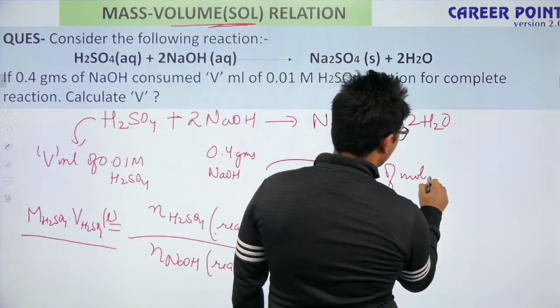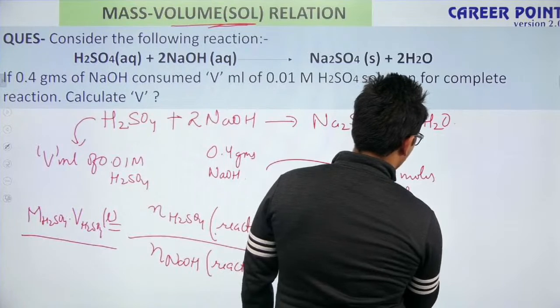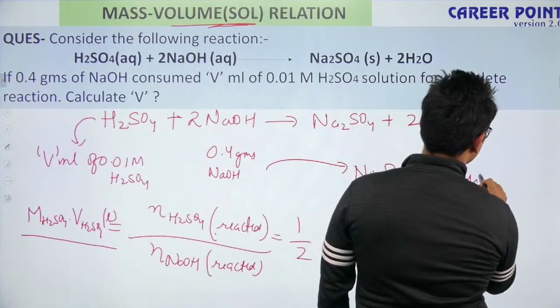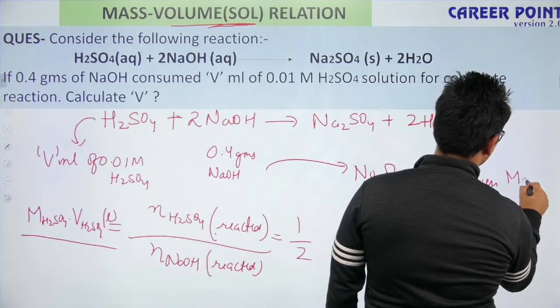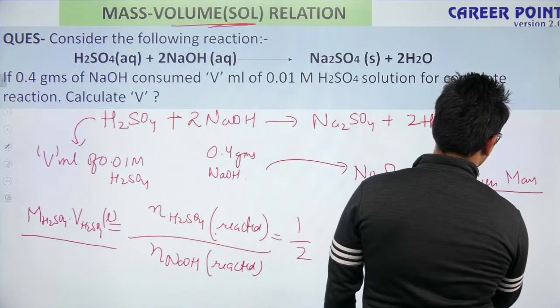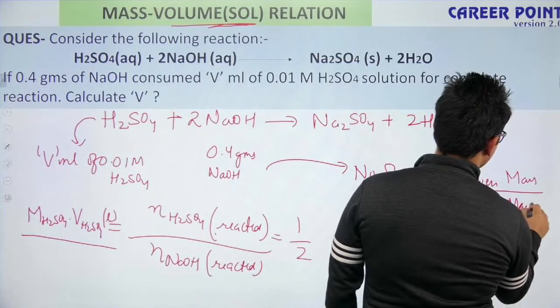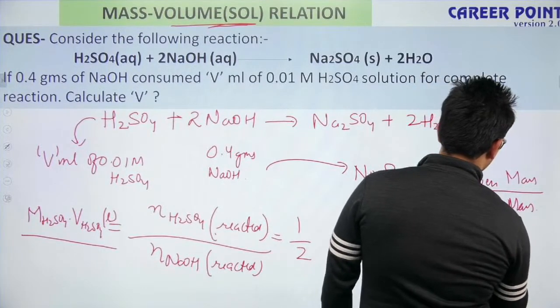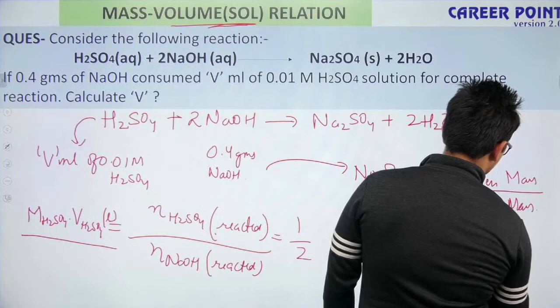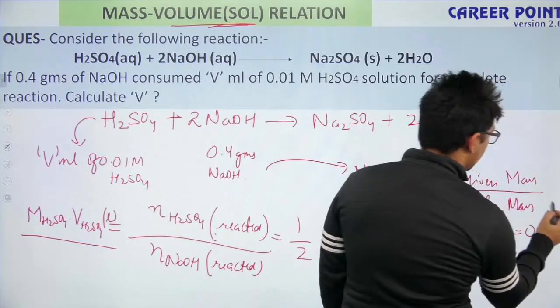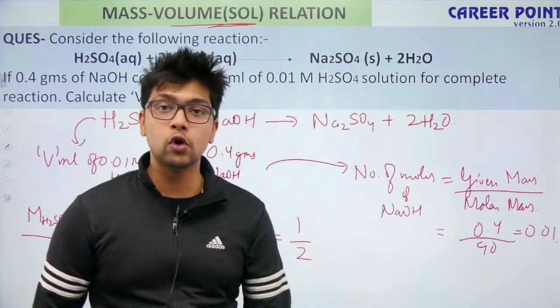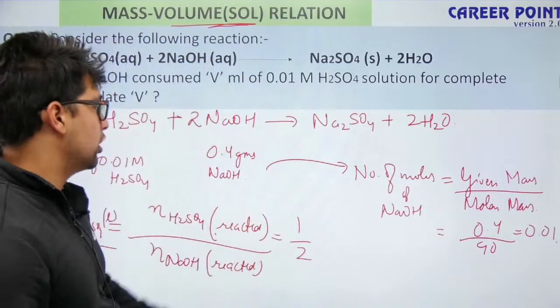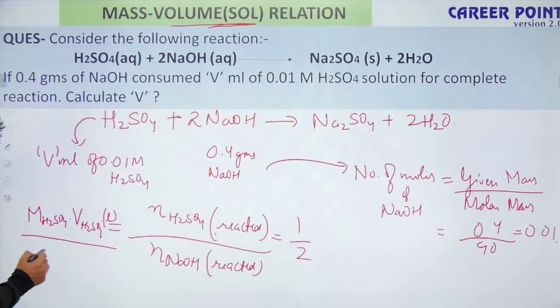The number of moles of NaOH is equal to given mass divided by molar mass. The given mass is 0.4 divided by molar mass 40. So this value is coming out as 0.01. So we have 0.01 moles of sodium hydroxide. Put it here.